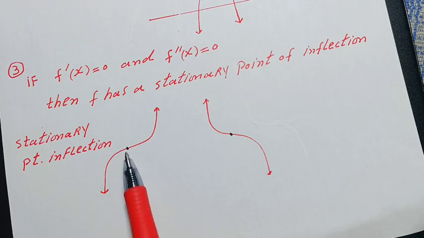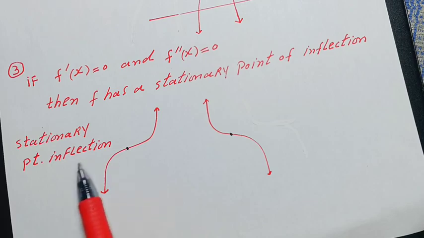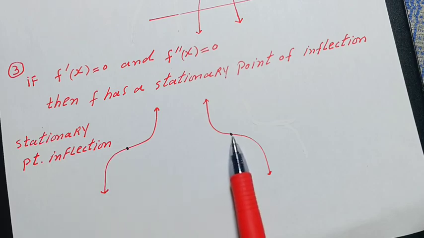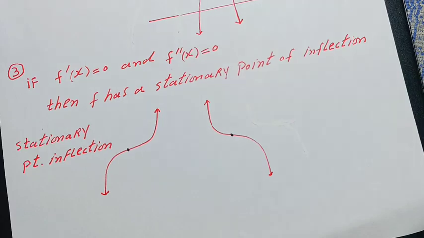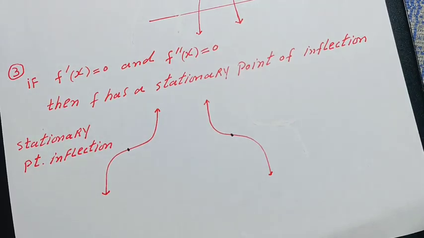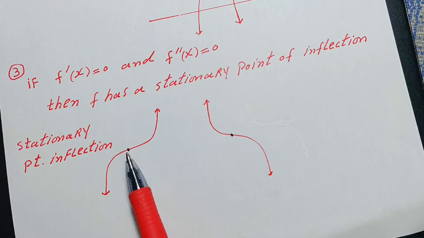Now this is a stationary point of inflection, and as well in this graph this is a stationary point of inflection, because a stationary point that is also a point of inflection is neither a local minimum nor a local maximum. So this one is a stationary point as well as a point of inflection.